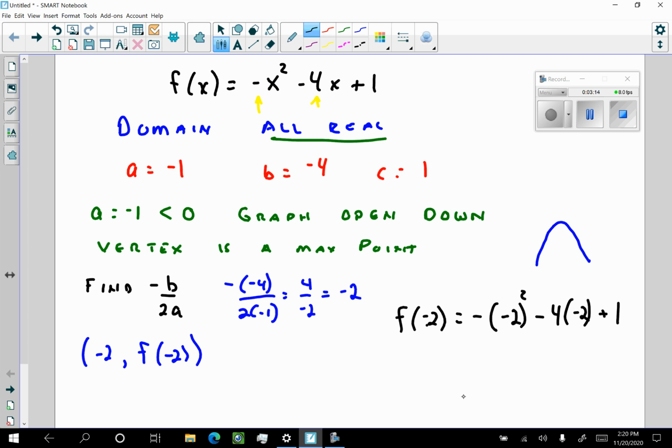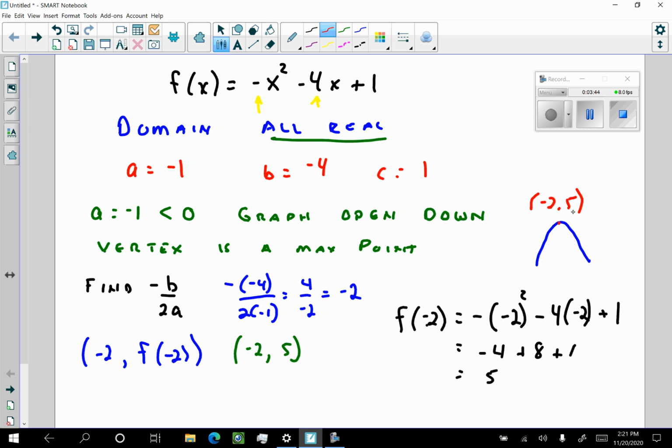Okay, so it's going to be negative (negative 2) squared minus 4 times (negative 2) plus 1. Negative 2 squared is going to be 4, so this is going to be negative 4 plus 8 plus 1. So 8 plus 1 is 9 minus 4 is 5. So f of negative 2 is 5, and therefore the vertex is going to be negative 2 comma 5. So that's what this vertex over here is, negative 2 comma 5.